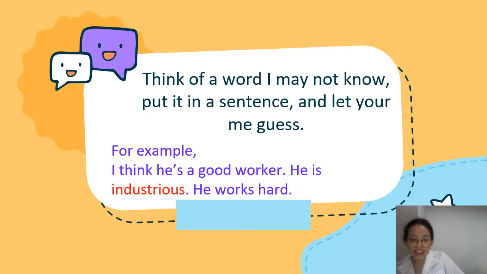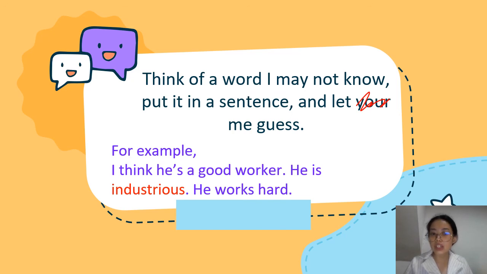And the last activity for you, I would like you to think of a word that I may not know. Maybe you can find it on the internet and put it in a sentence, and let me guess. What you have to do is think of a word and explain it by using context clues. For example, I think he's a good worker.